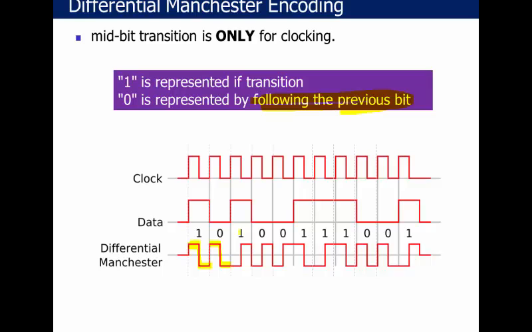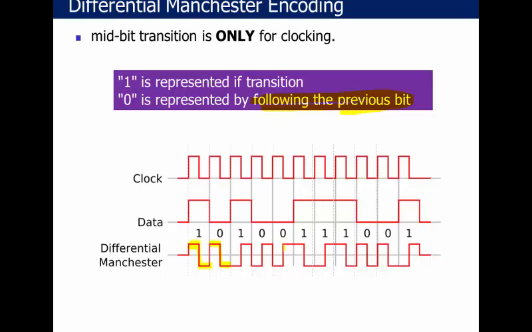If the previous is low to high, and now a transition, then high to low. So 1 means we change the phase, because so far we did high to low, therefore low to high. 0 means we repeat, low to high. 0 means repeat. And 1 means change. Whatever it is, we change it.